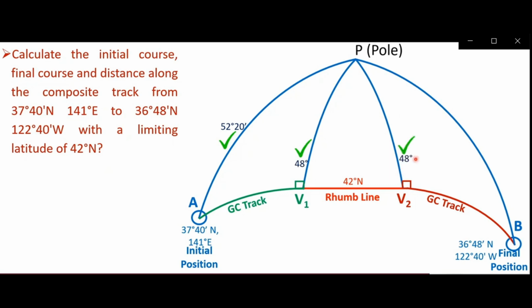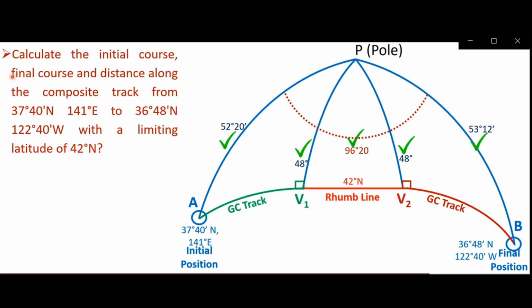Likewise, PV2 is also 48 degrees. Now, PB would be the colat of B, and value is 53 degrees 12 minutes. The longitude of A and B give us this angle at the pole, which is the D long between A and B. And this value is 96 degrees 20 minutes.